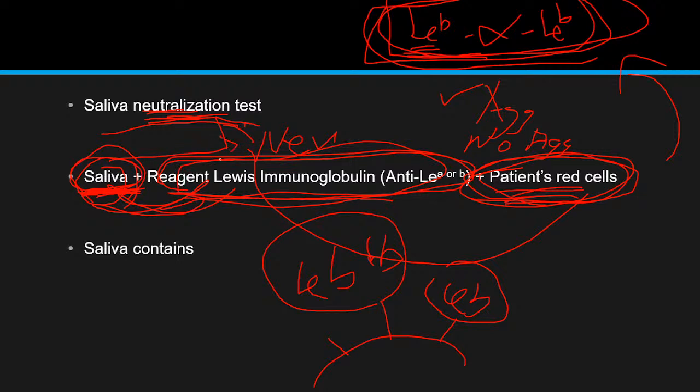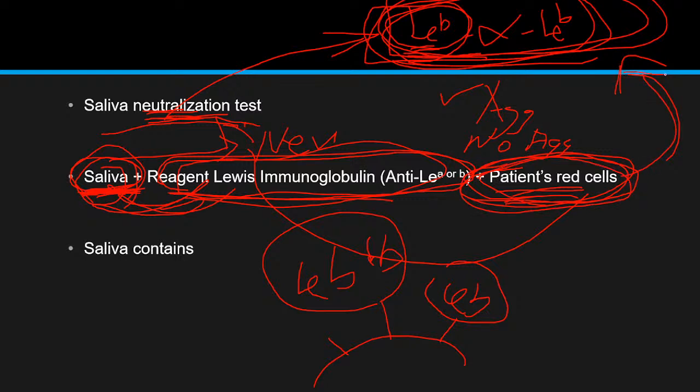The saliva has the secretory antibodies here, which is indicated here. This one will form this, and upon addition of the patient's red cells, because all of the antibodies have been consumed, or the term is neutralized, you will no longer have RBC agglutination. That's the reason why the positive result is no agglutination.